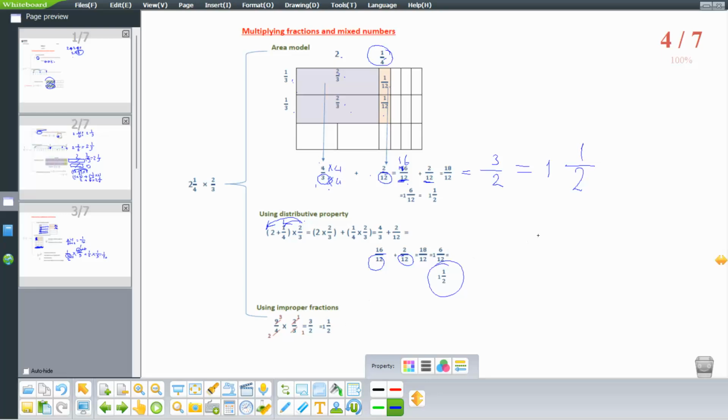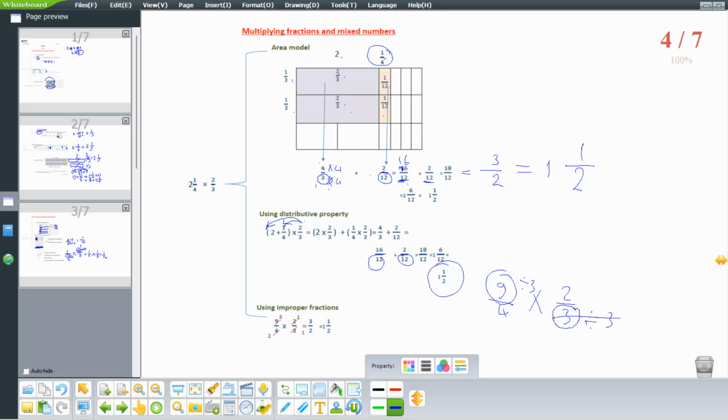Using an improper fraction. Okay, 2 times 4 equals 8, 8 plus 1 equals 9, it will be 9 over 4 times 2 over 3. Okay, here we have 3 in the denominator and 9 is a multiple of it. So divide by 3.